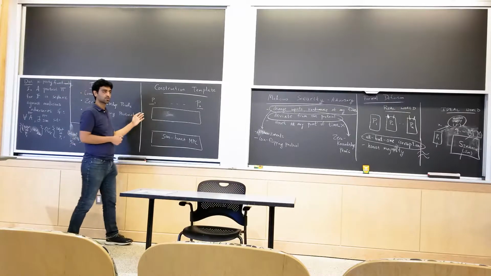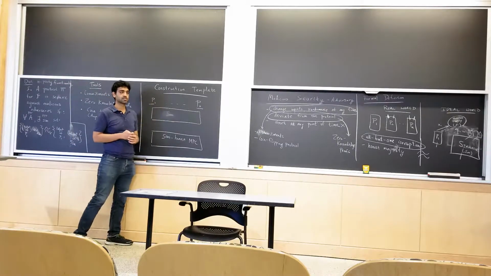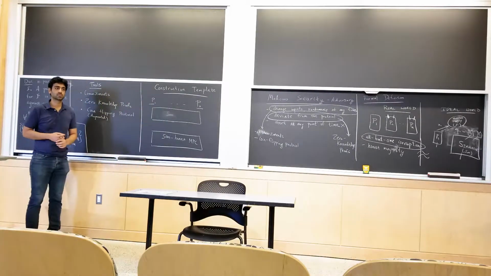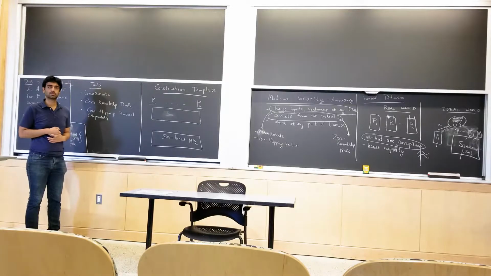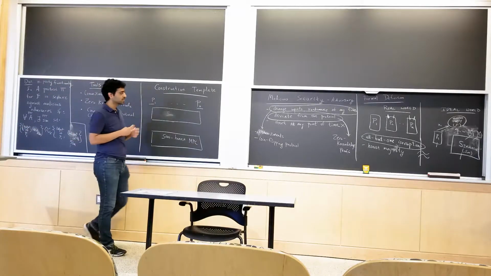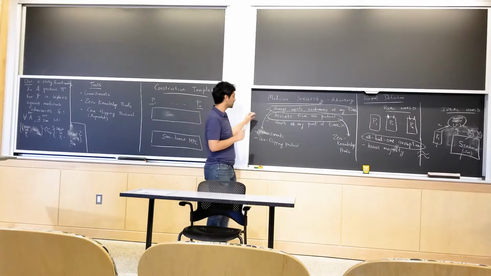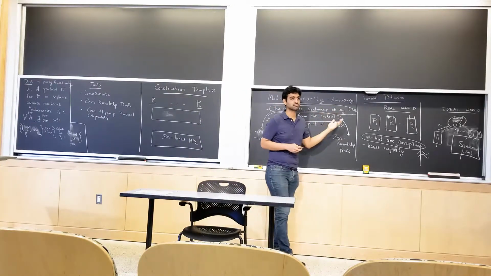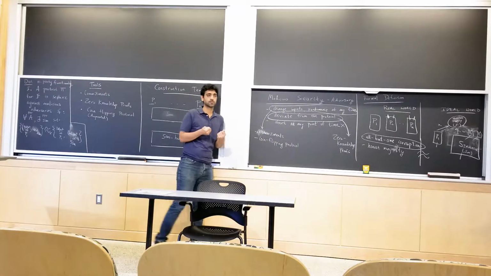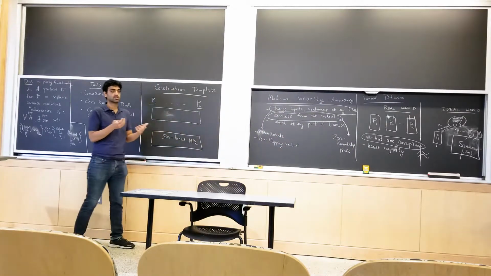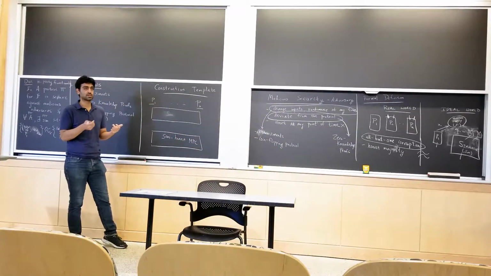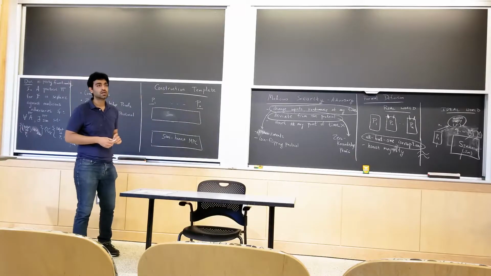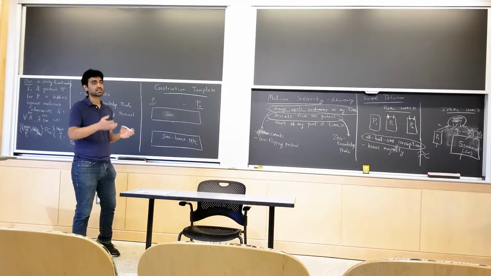Any ideas what should be the first round in the protocol? Recall, the main problem with malicious security was that he can change his inputs and randomness at any time, and we want to prevent that. We want him to not change his inputs at any point of time. Do you have a question? Well, I'm saying that the first thing we should probably do is commit those. Yes, exactly.